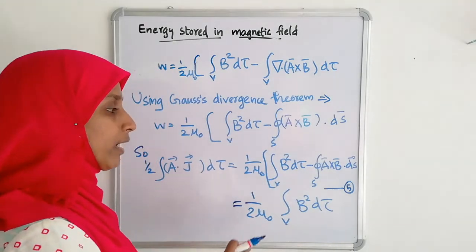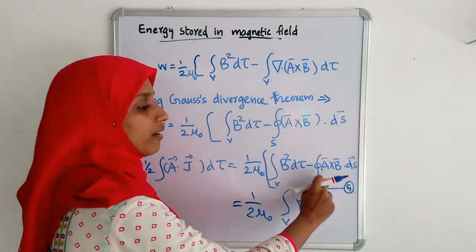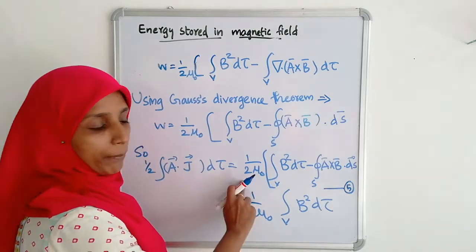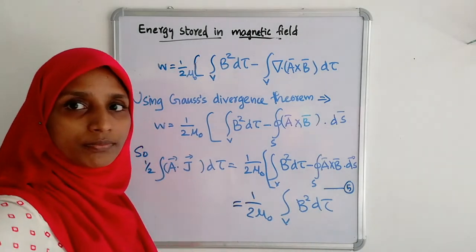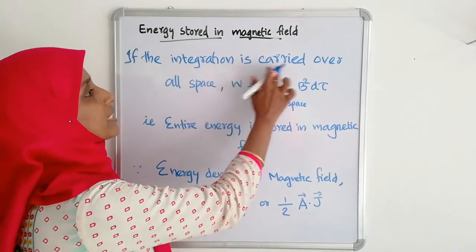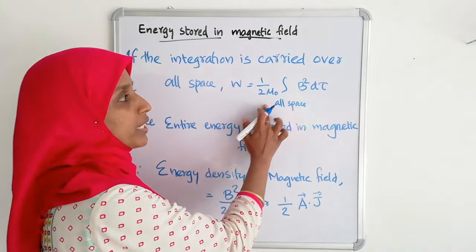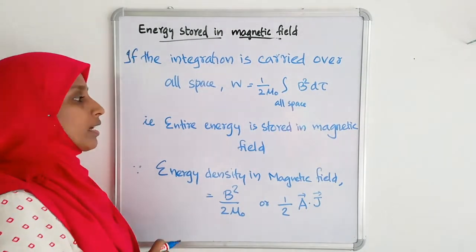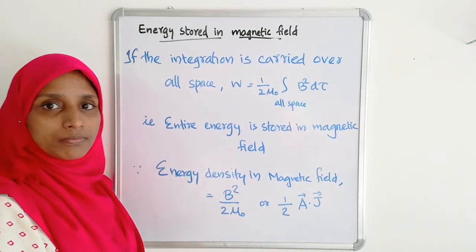For the whole space, the volume integral will be maximum and the surface integral vanishes. So the RHS will be 1 by 2 mu 0 volume integral B square d tau. If the integration is carried over all space, W is equal to 1 by 2 mu 0 integral over all space B square d tau. So, the entire energy is stored in the magnetic field.